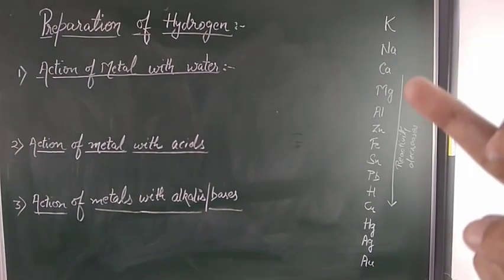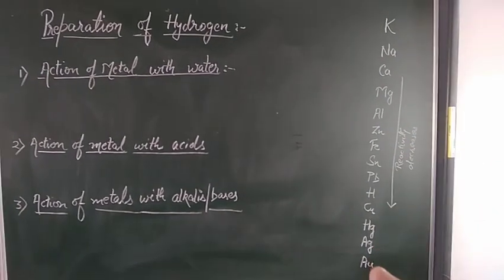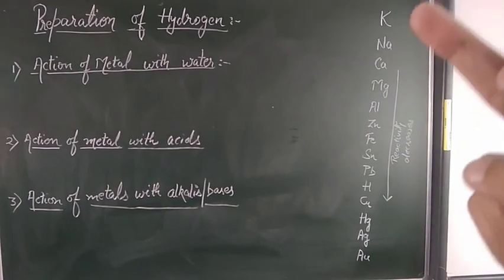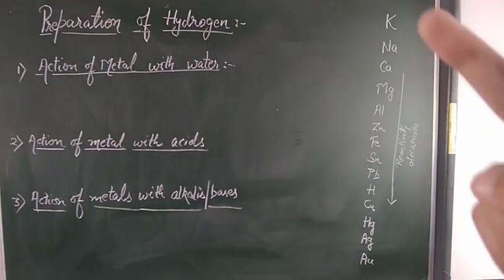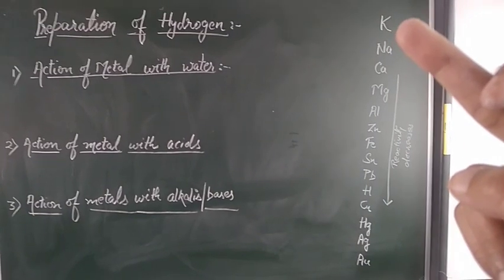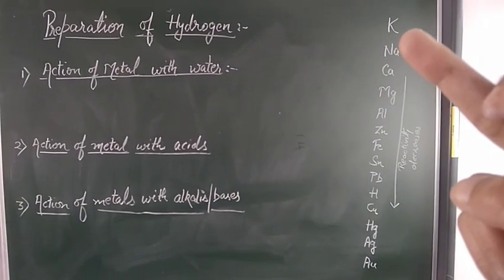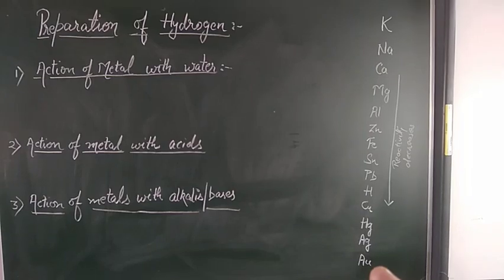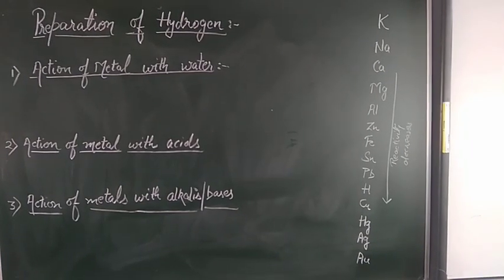This is the reactivity series of metals, whose reactivity decreases from top to bottom. So the most reactive metal is potassium, symbol K, and the least reactive metal is gold, symbol Au.